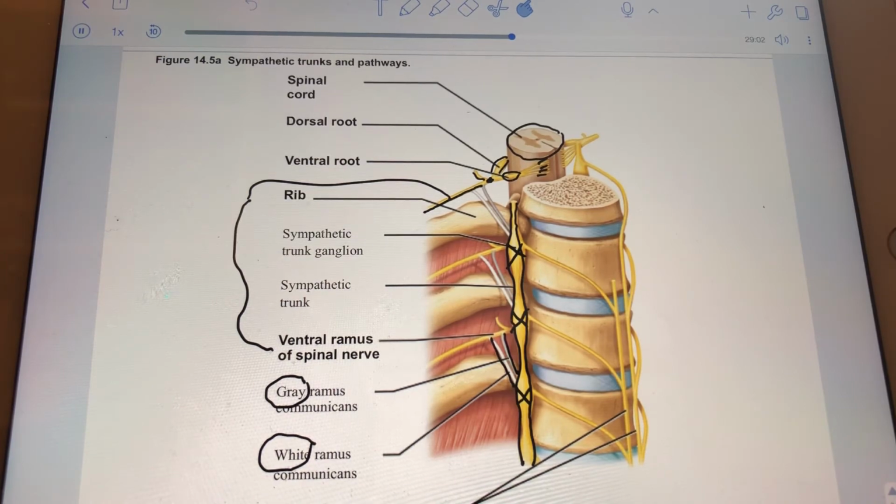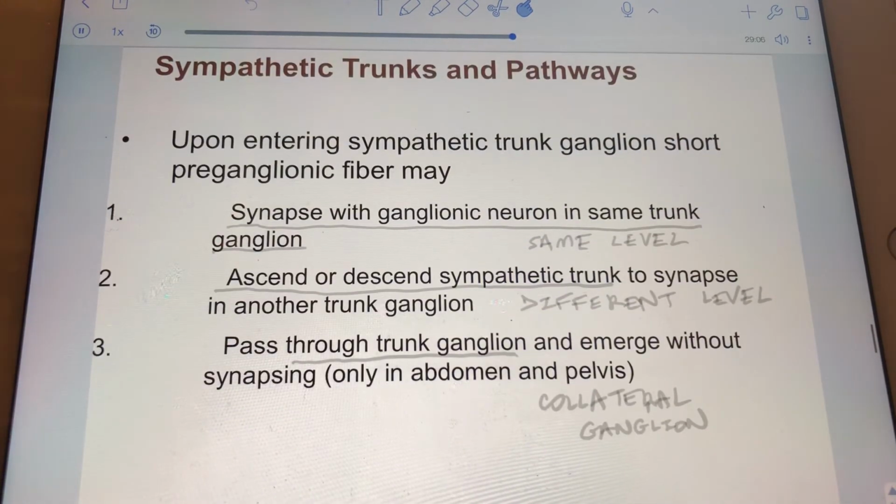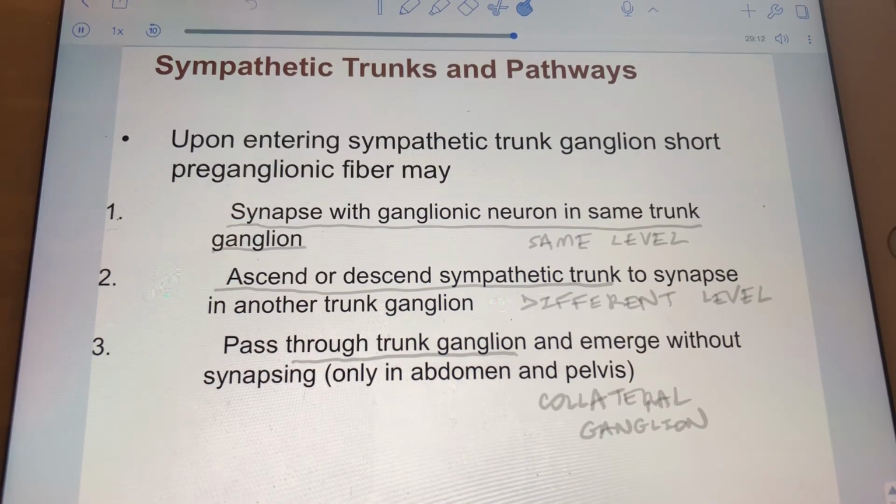I'm on slide 22. Now, there are actually 3 different routes that a preganglionic neuron in the sympathetic trunk pathway can take. A preganglionic sympathetic neuron may synapse with a postganglionic neuron in a sympathetic trunk ganglion at the same level.